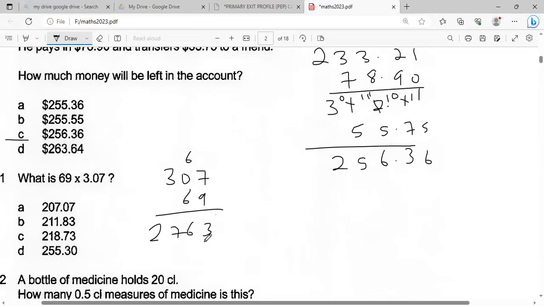Put a 0 to hold the space, 6 times 7 is 42, 600 plus that 4, 6 times 3 is 18. So I could add now. So we get 3, 8, 4 and 7, 11. 8 and 2, 10 and 1, 11. So that's 211.83. So that is B.